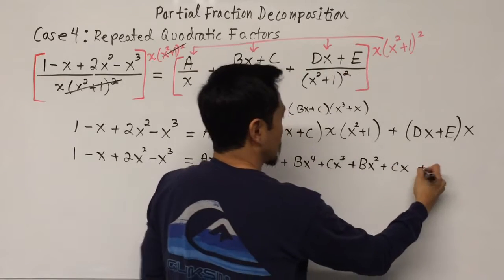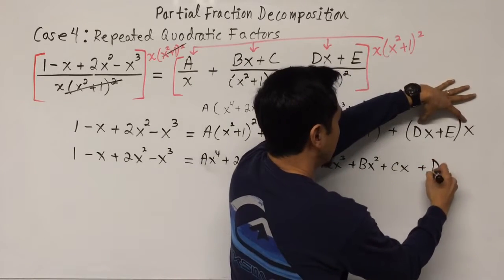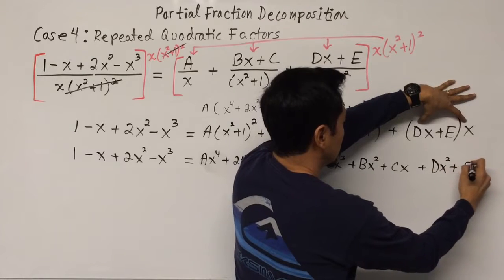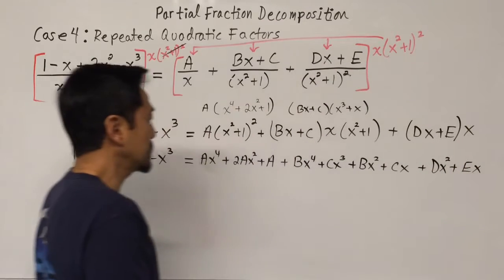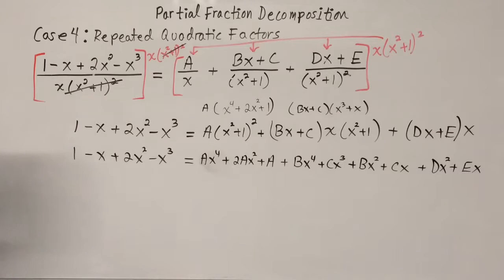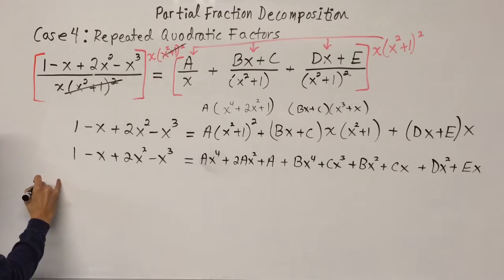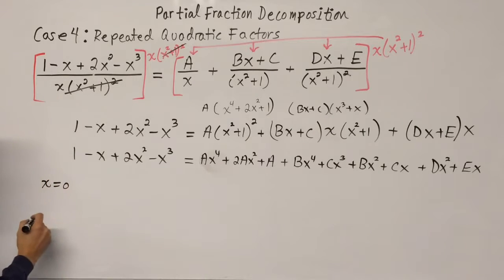Okay? And then lastly, I'd have here a Dx squared plus an Ex. Okay? All right. Now, if I were to plug in an x value of 0, I'm going to use the convenience method here.